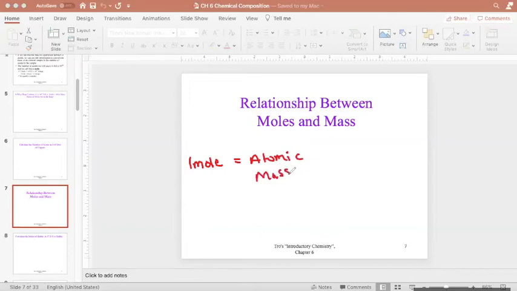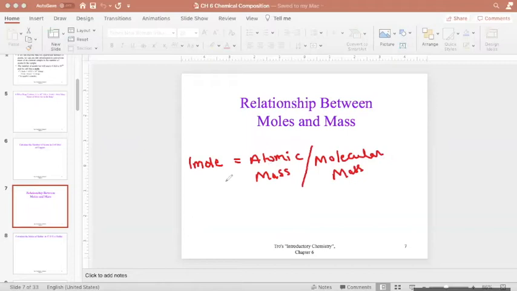And what is atomic mass? It is the mass of an element given in the periodic table, right? You have atomic number and atomic mass, if you remember from the previous chapter. Or you can say molecular mass. So make sure you remember this.